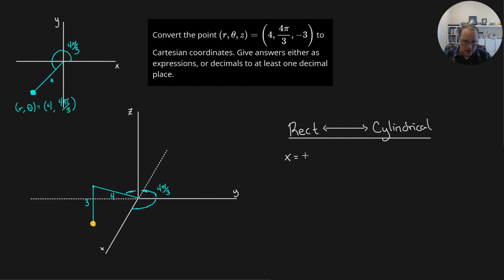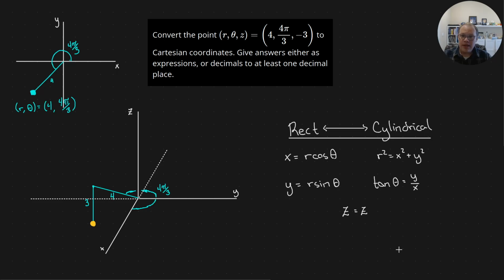We have x equals r cosine theta, y equals r sine theta, r squared equals x squared plus y squared, tangent of theta equals y over x, and z equals z. The z in one coordinate system is the same as the z in the other coordinate system.